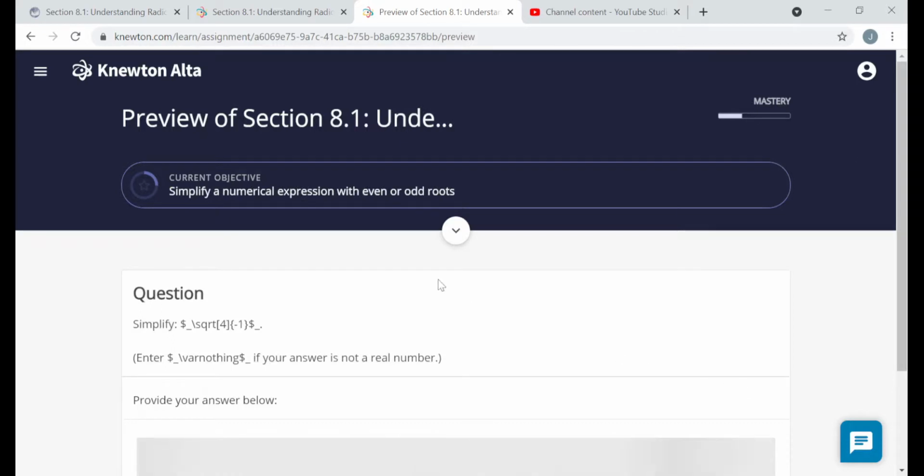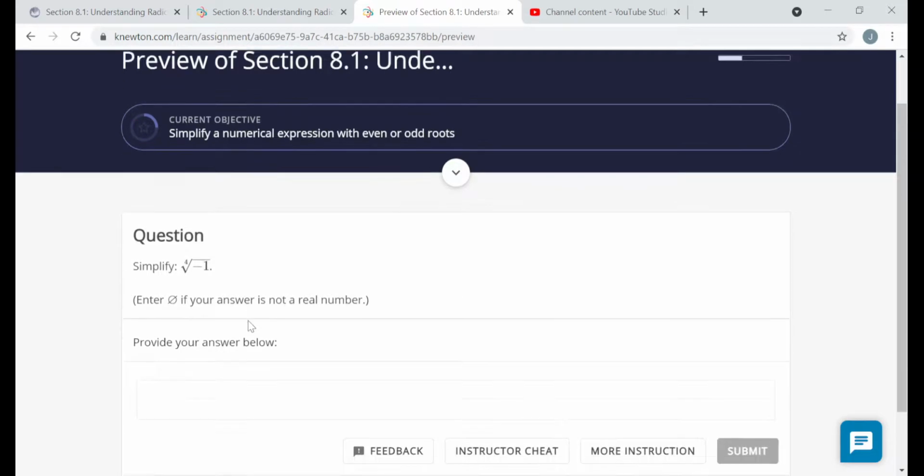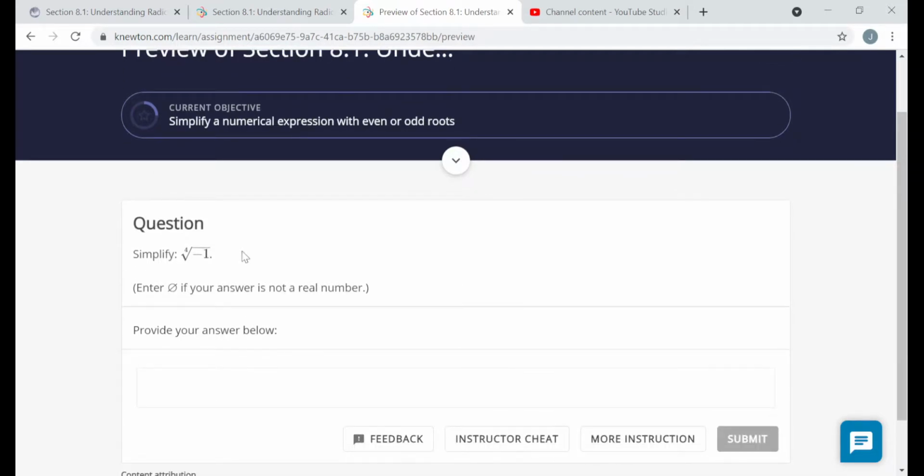Now we're back to just a numerical expression with even or odd roots. Look at this. This is just like the earlier problem. The fourth root, you see that little tiny 4 in the index spot? Fourth root of -1. Well, you can't take even roots of negative numbers.